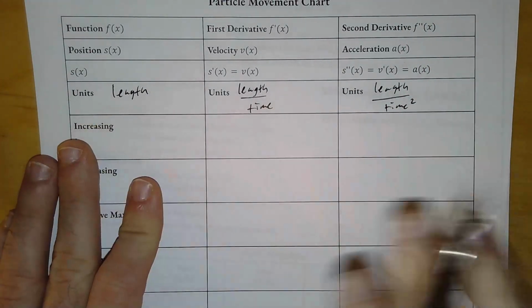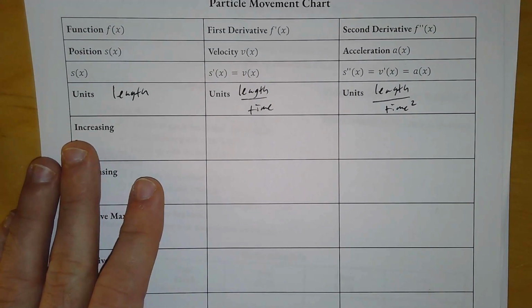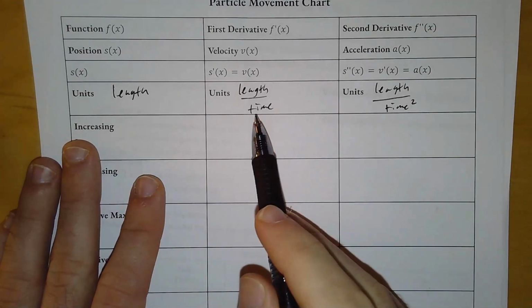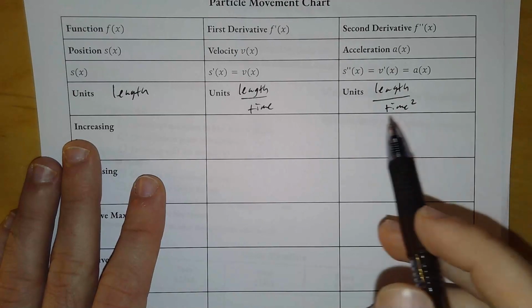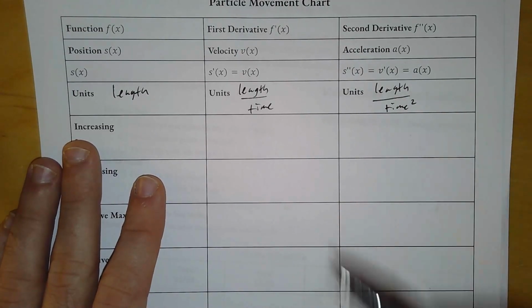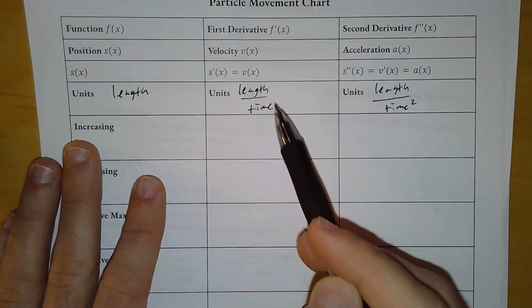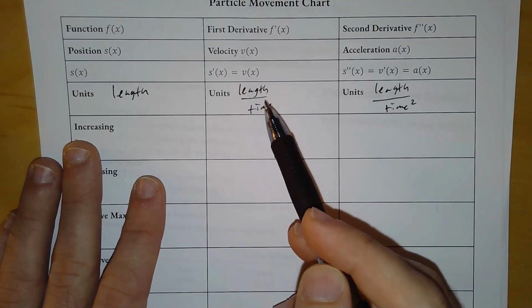It's not exclusive to these three either. This is specifically for position, but if we talk about other derivatives, it could be any rates, but the key thing is that the denominator of that rate keeps getting multiplied by itself as you go along. So the structure of this stays the same, but these words, top and bottom, can change depending on the context.